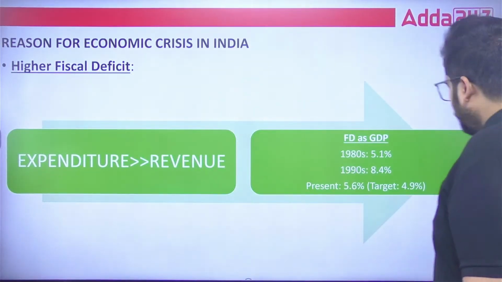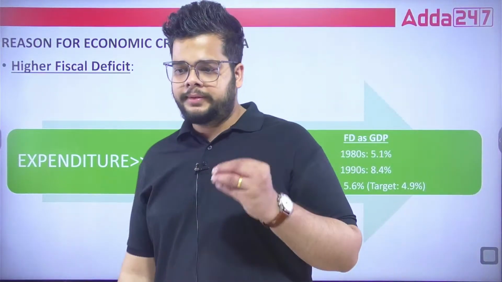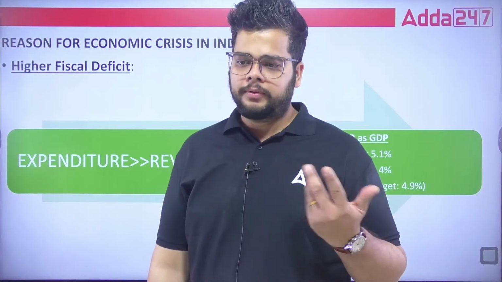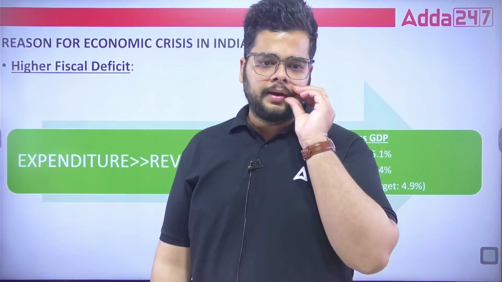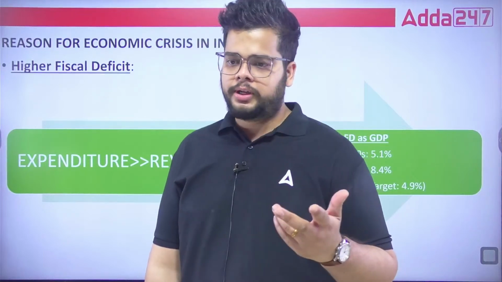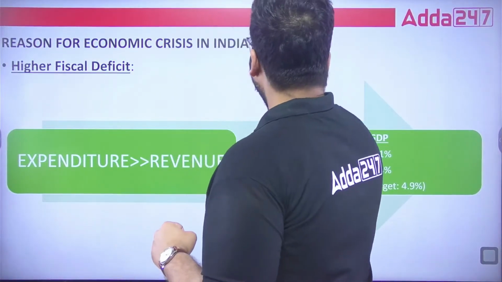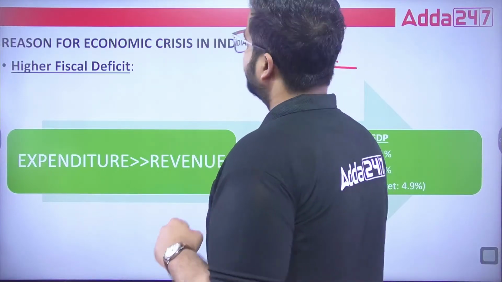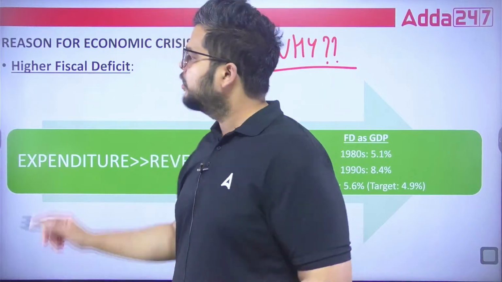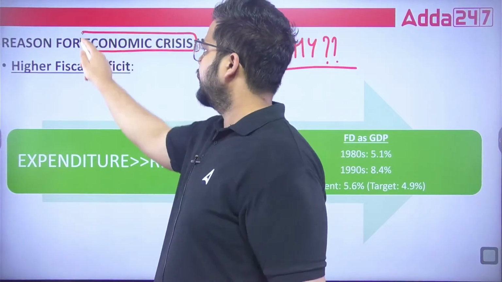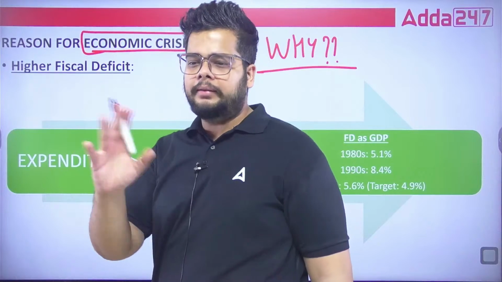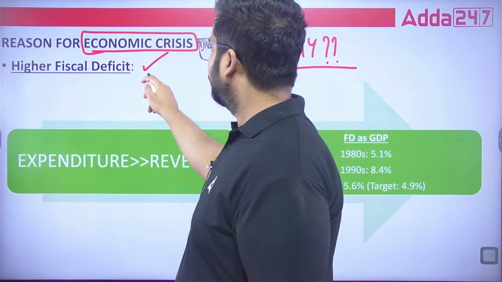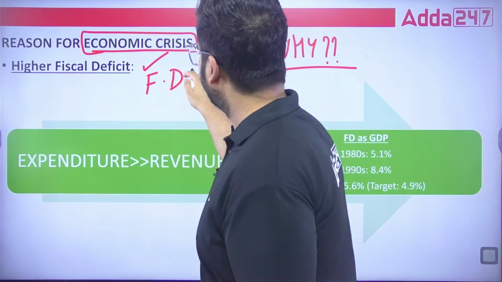Okay, so now let's move on to the important concept which we must learn so that we can understand why economic reforms. We have completed the MCQs. Now one important concept which I want to share with all of you is why the need of the reforms. Because of a simple fact that India was reeling under the economic crisis at that time of 1980s, early 90s. So higher fiscal deficit was there.